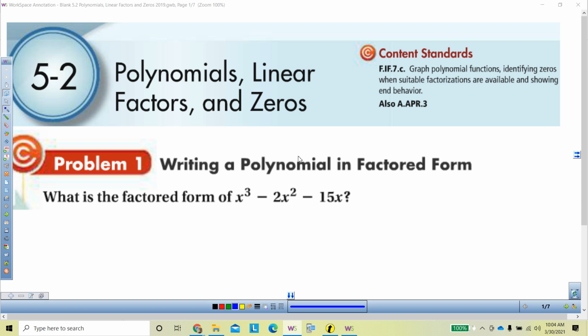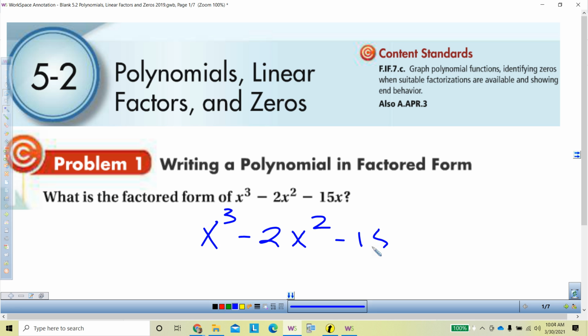So we got this problem here. I'm just going to rewrite it so it's a little bit bigger. When it says factored form, that's where you want parentheses. If you don't understand what factored form means, stop at the parentheses, write that down.